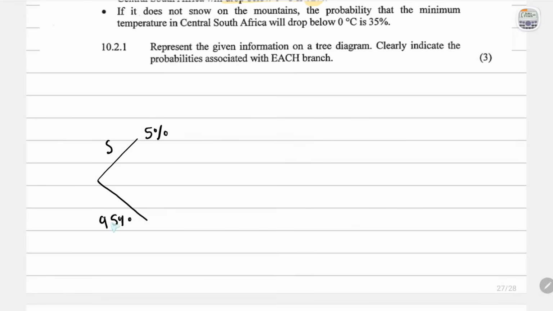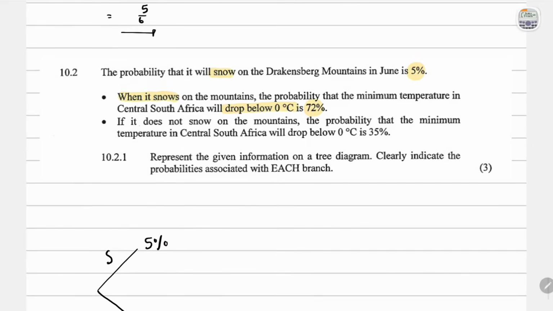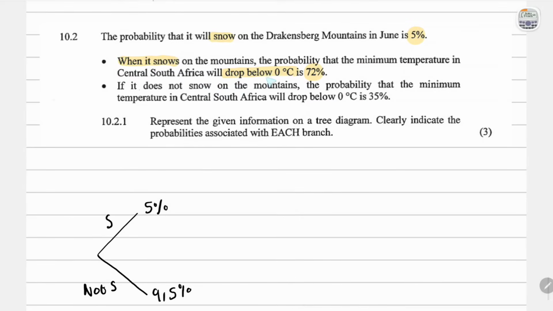And then they're saying if it snows, so just say 95% and then say not snow. And then they're saying when it snows on the mountains, the probability that the minimum temperature is going to drop below 0 degrees is 72%. So this is the probability. The condition that they're referring to is the temperature dropping below 0 degrees.